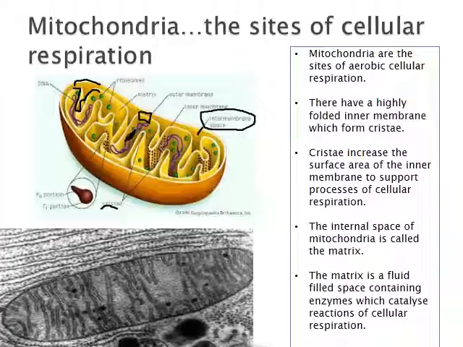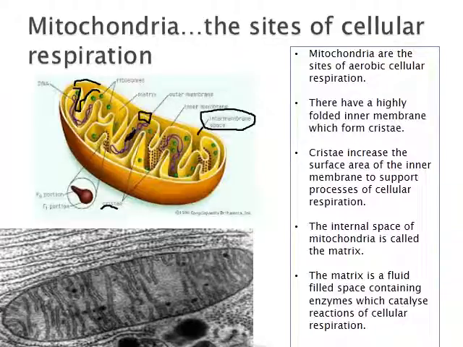The DNA is circular, which once again is something it has in common with bacterial cells. The size of the mitochondria is also similar to the average size of a bacterium, and the mitochondria also has ribosomes inside it, which once again is similar to a bacterium. So it's a pretty self-sufficient organelle.